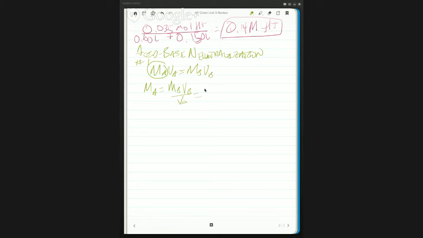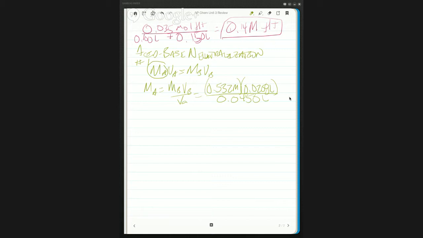The molarity of the base is 0.532 molarity times 0.0208 liters, all divided by the volume of the acid, 0.0450 liters.